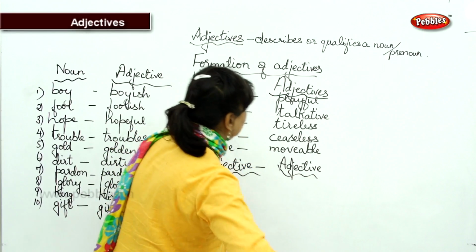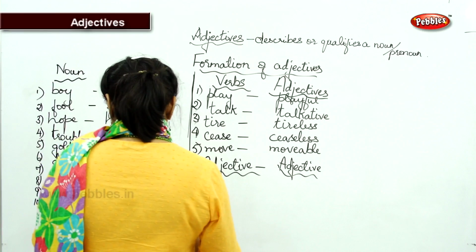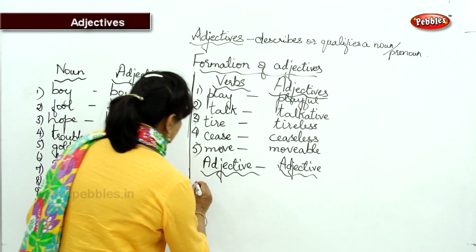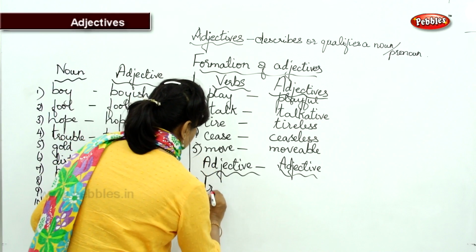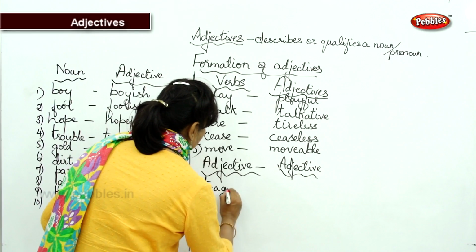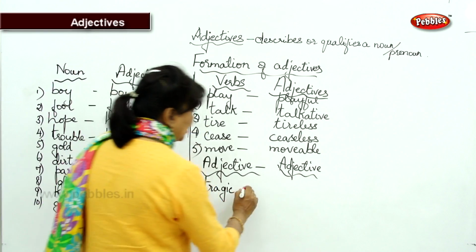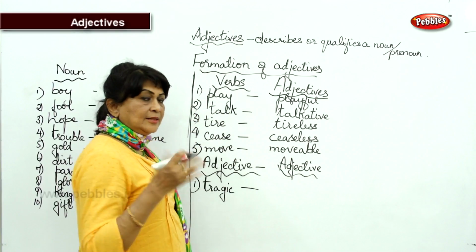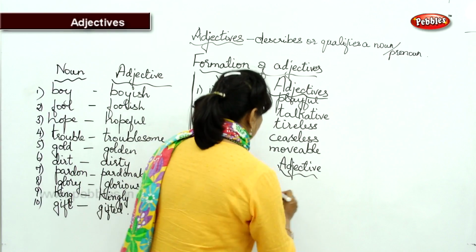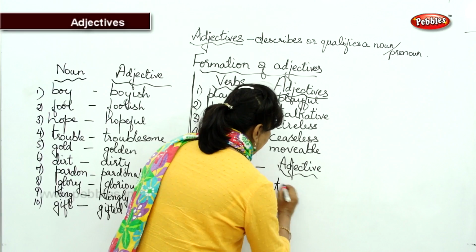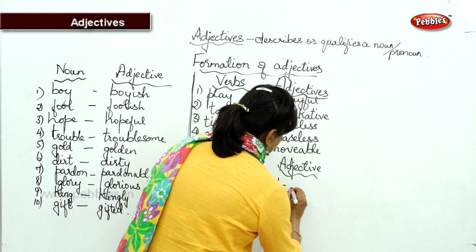Okay. First one, tragic. Tragic accident. So that itself is an adjective. I will make it into another adjective, tragical.